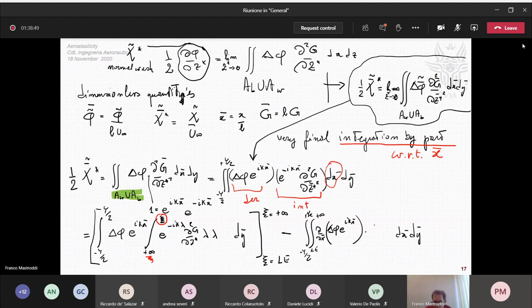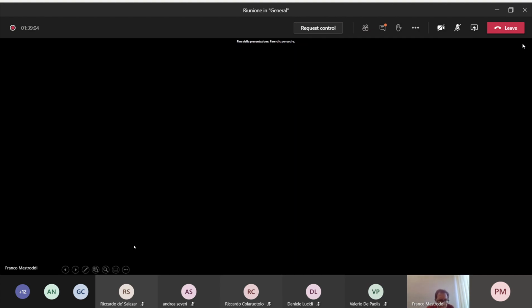The integral I found is this integral, which we have found in the formal way.